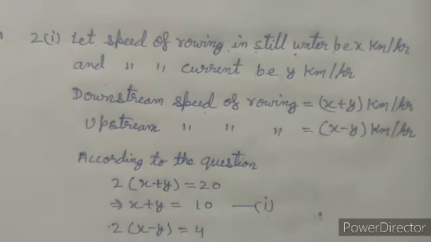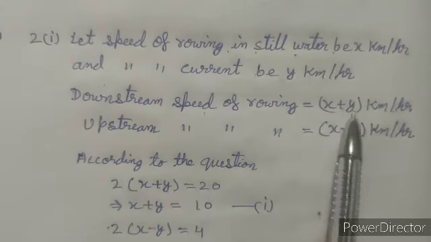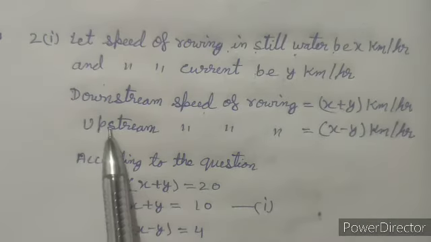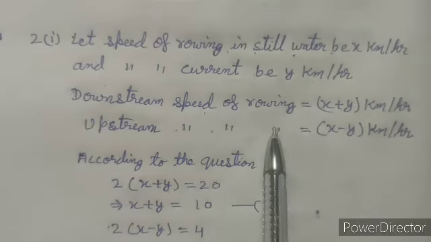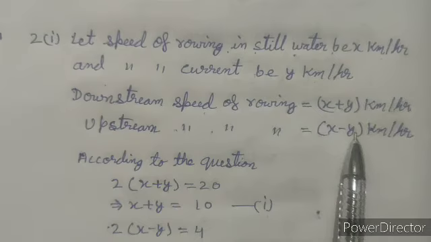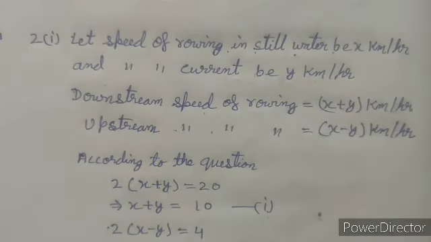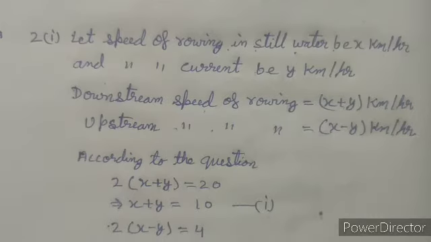Now when she rows downstream, the speed of boat and the speed of the current will add up, and that will give us the speed as x plus y kilometer per hour, and upstream speed of rowing will be x minus y kilometer per hour, because on rowing upstream the current of the stream will reduce the speed of the boat.